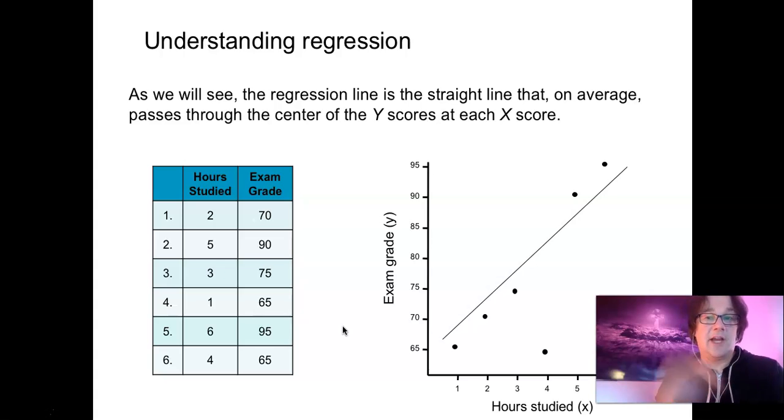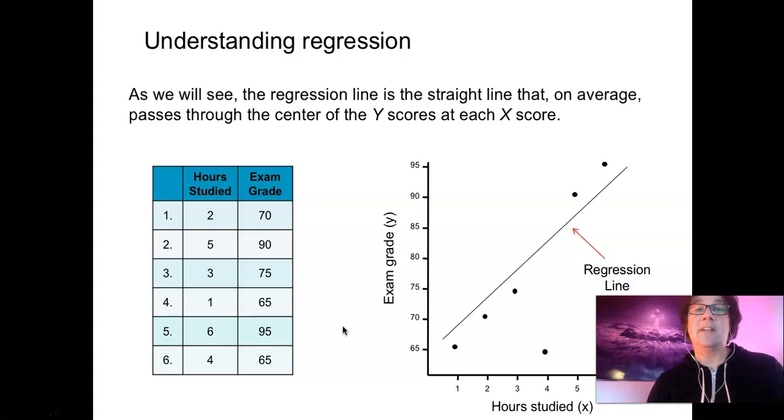Now, I just eyeballed it when I was putting this line in there. There's no mathematics behind this. We shouldn't trust this line. It's for illustrative purposes only. But this line is the line of best fit, and it could also be referred to as the regression line. Okay, so let's keep that in mind.